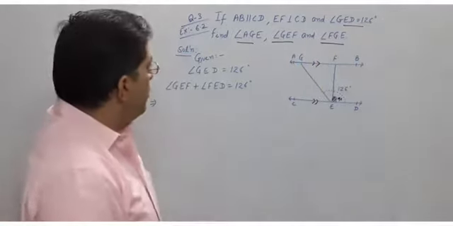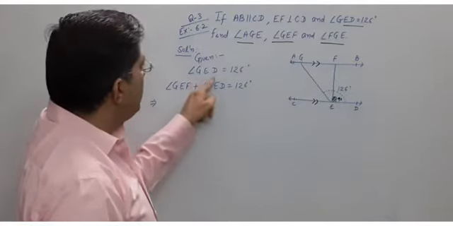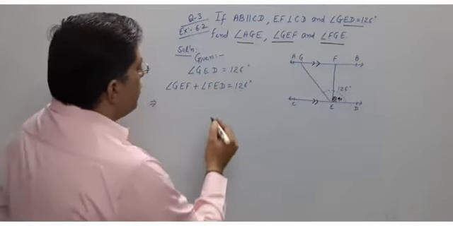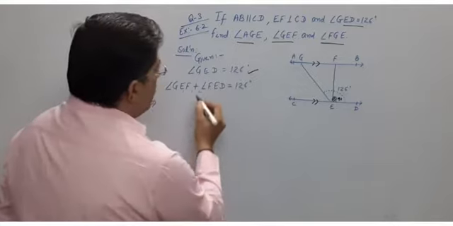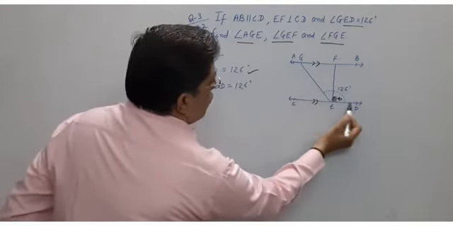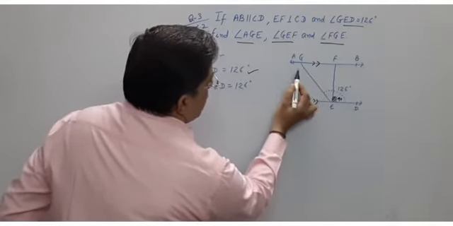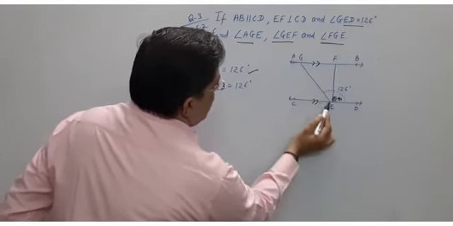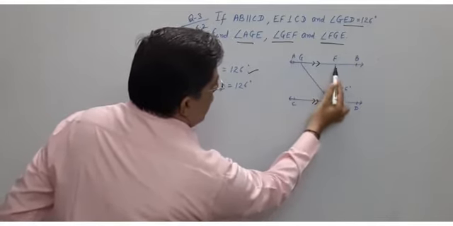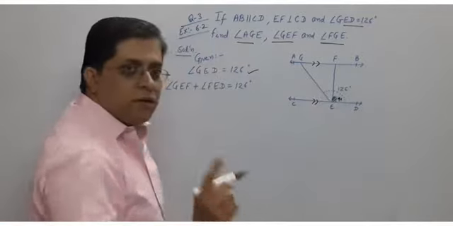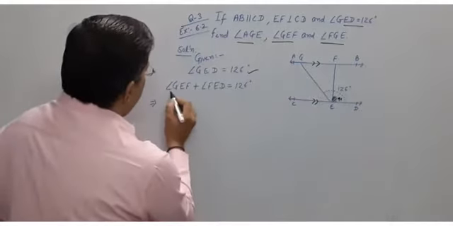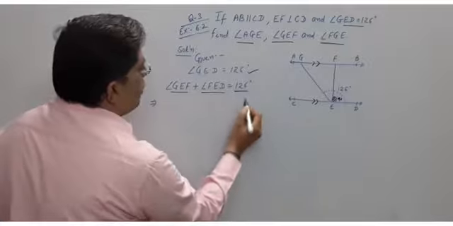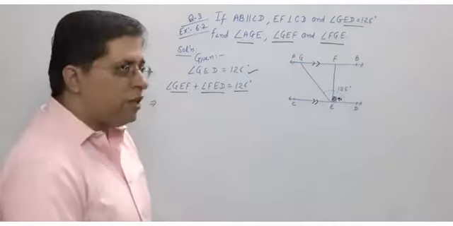First of all, what is given? GED is 126 degree. GED is made up of two angles, GEF and FED. So GEF plus FED is equal to 126 degree.